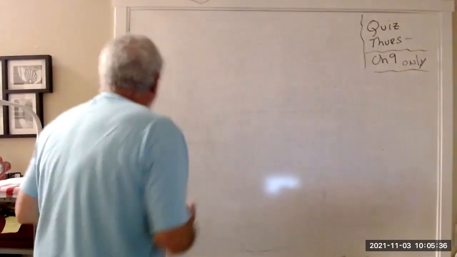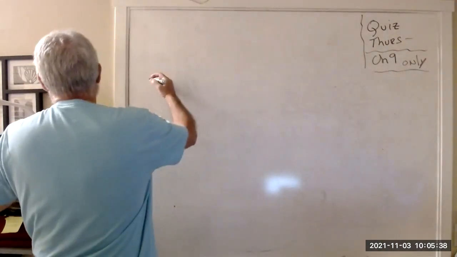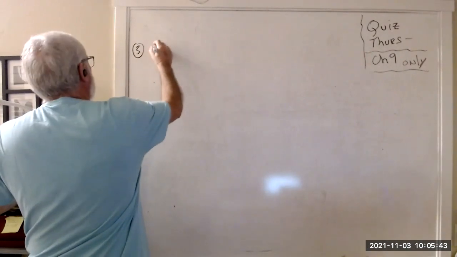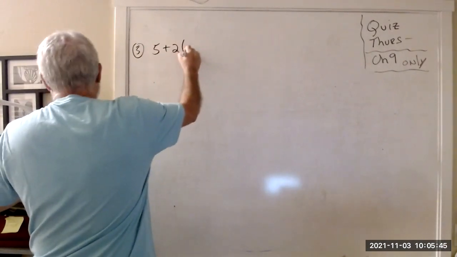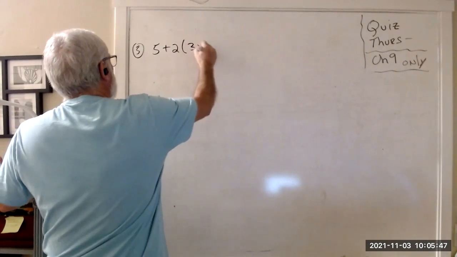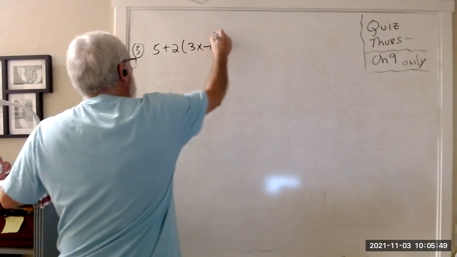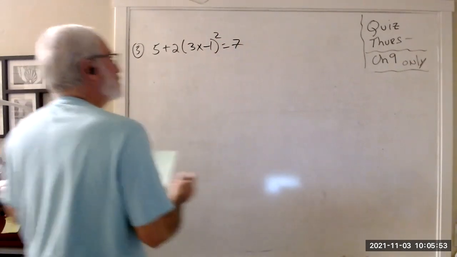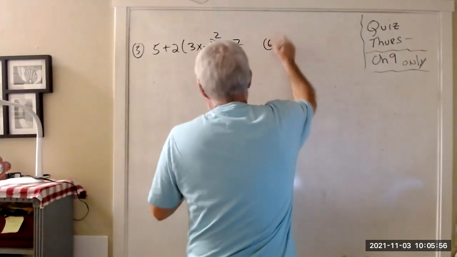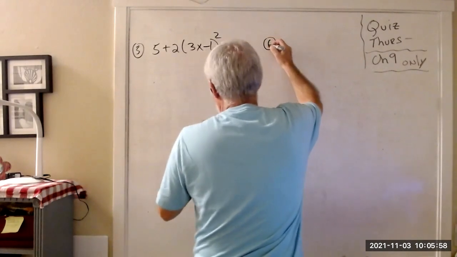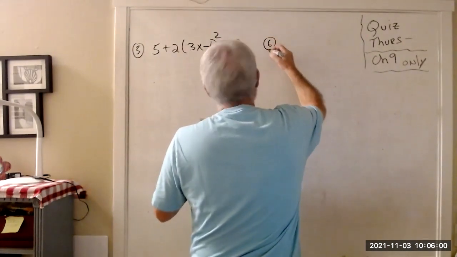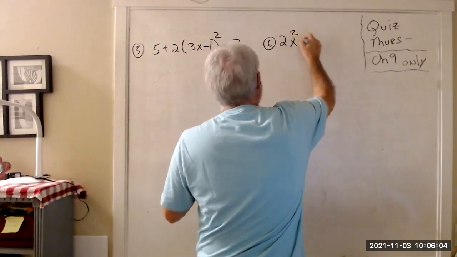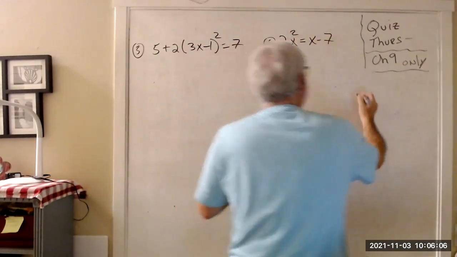So let's try this one. Number 5, we're going to have 5 plus 2 times the quantity 3x minus 1 squared equals 7. Number 6, it's going to be 2x squared equals x minus 7.